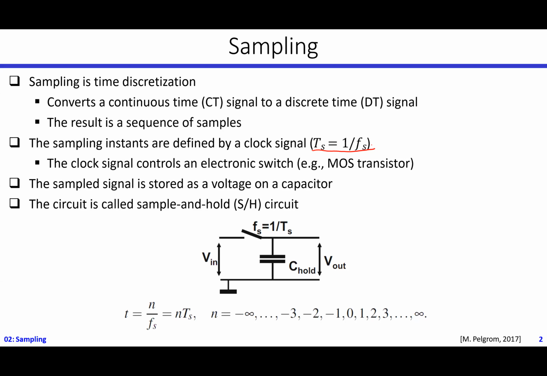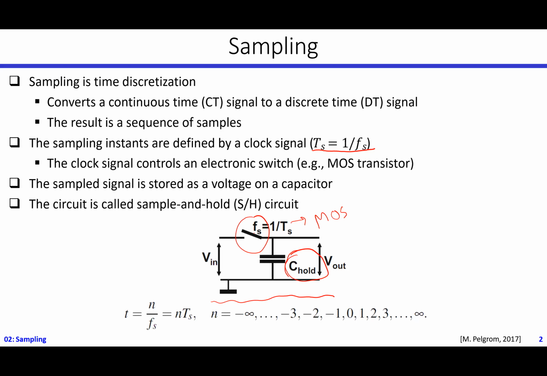Now, how can we perform the sampling using a circuit? This is the simplest sampler. You have a switch, which you can implement using MOS transistors, and you have a capacitor that basically acts as a memory, or as a storage for the charge.